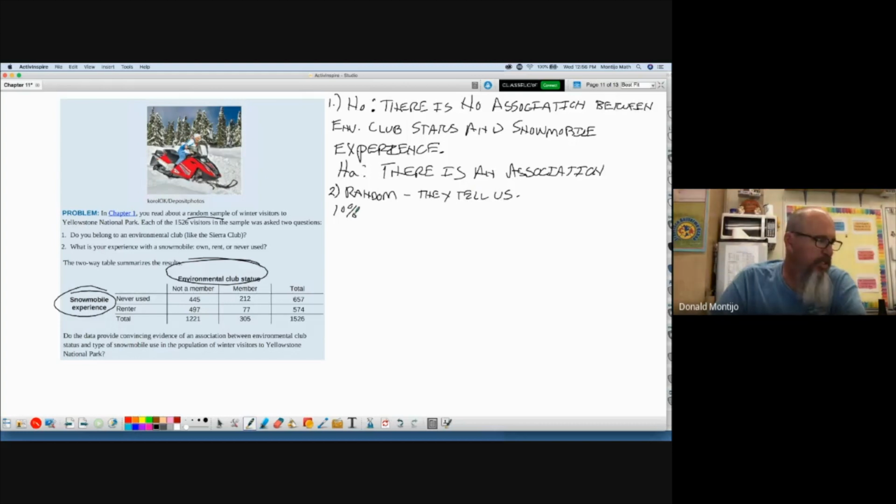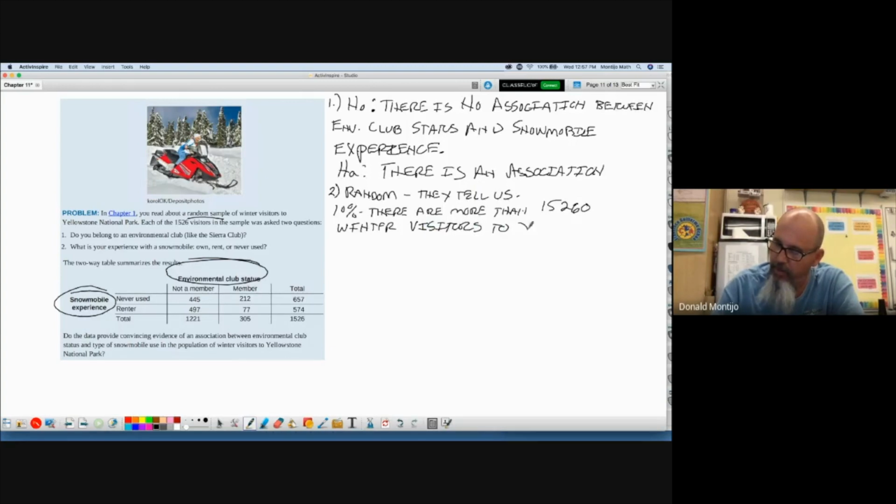We'd have to assume that there are more than 15,260 winter visitors to Yellowstone. We're safe there. They have more than that many visitors in a day. So yes, there are definitely more than 15,260 winter visitors to Yellowstone. So the 10% condition has been satisfied.